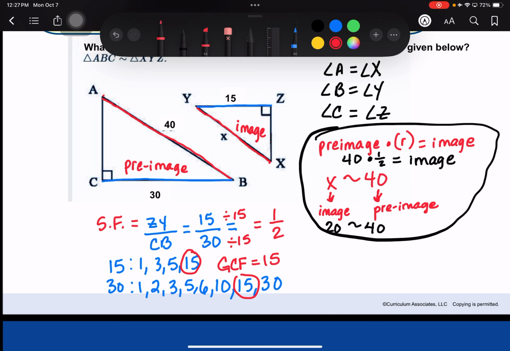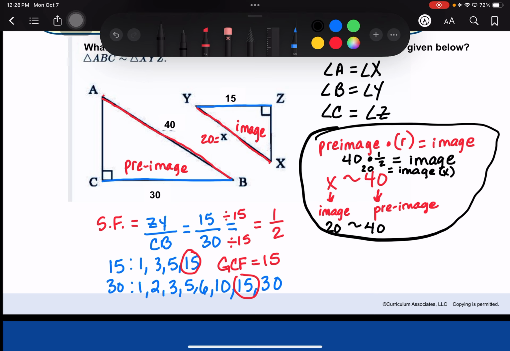So therefore x equals 20. So 20 equals our image coordinate that we're trying to find, which is side x.